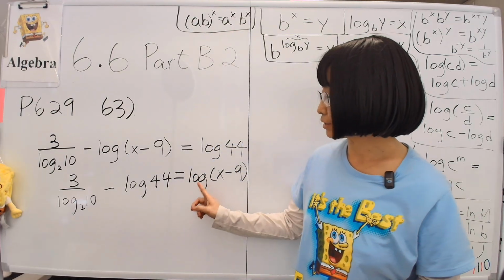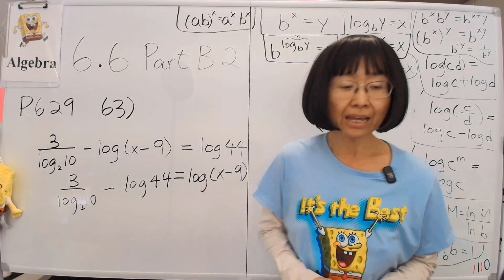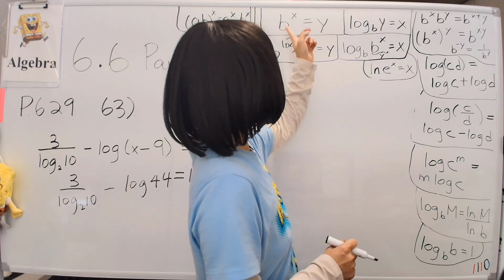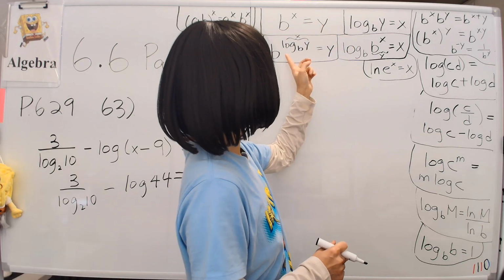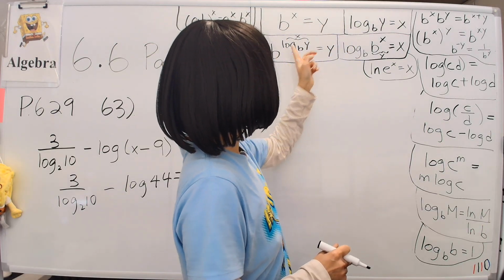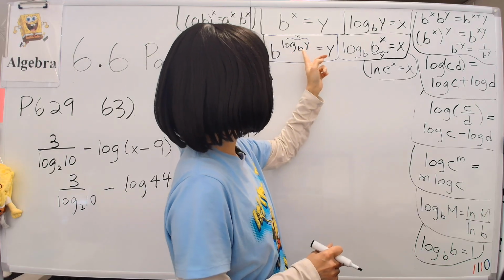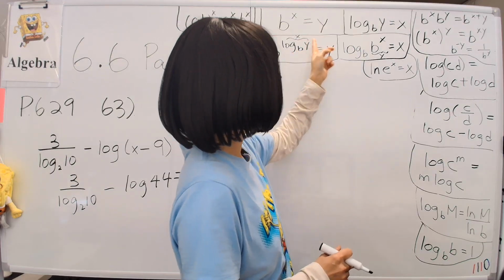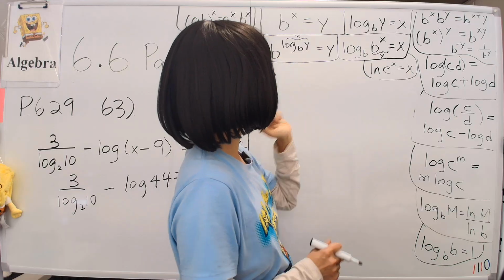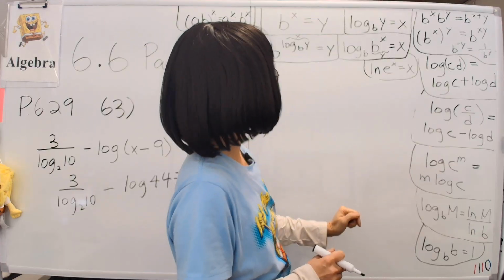We need to get rid of this log on this side. To get rid of a log, that is, if we want log base b of y, to cancel it out, we need to stick b at the bottom, so to raise the whole thing to the power.